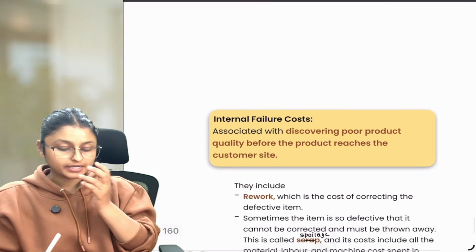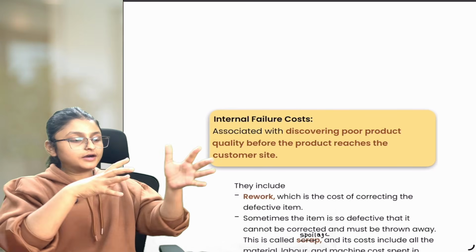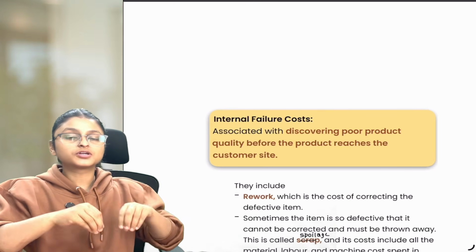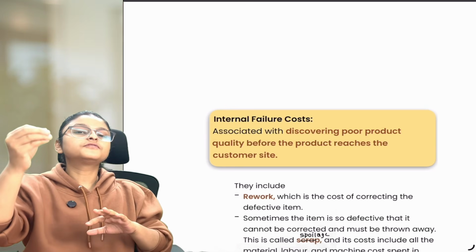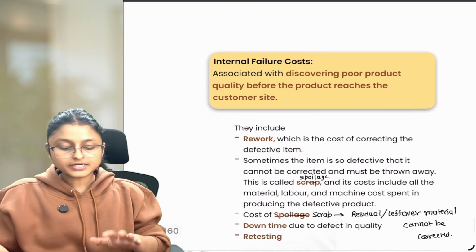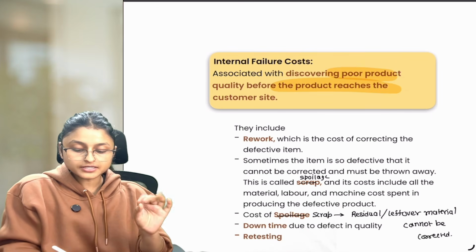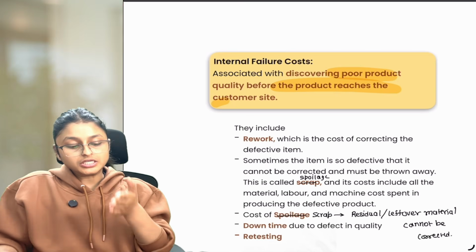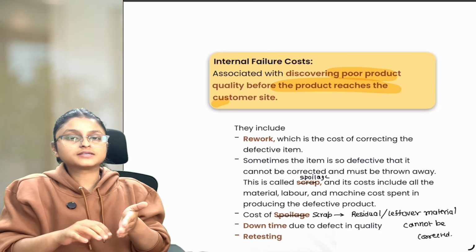Done. Next, internal failure cost. Now, why does this arise? When after inspection you found out that the product is defective, then internal failure cost will arise, associated with discovering poor product quality before the product reaches the customer side. So internal failure is when you found out the failure inside your organization.